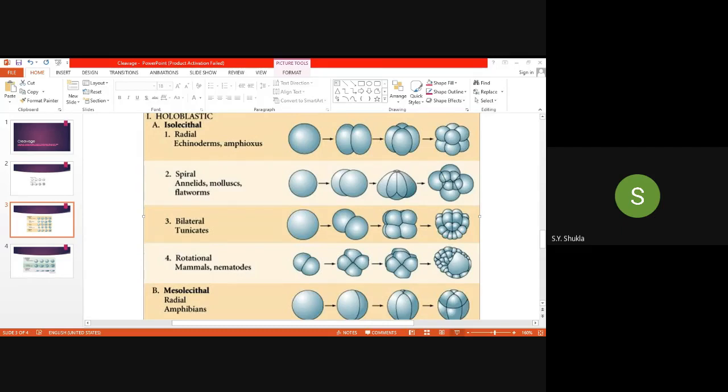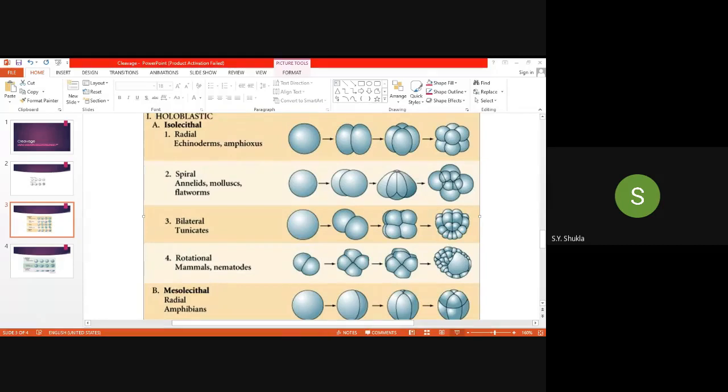It is not shifted to either this end or this end. It has a unique nature: sometimes it shows parallel cleavage, sometimes perpendicular cleavage, depending upon the pattern or instructions given to that cleavage, and that is rotational cleavage, which is commonly seen in mammals.